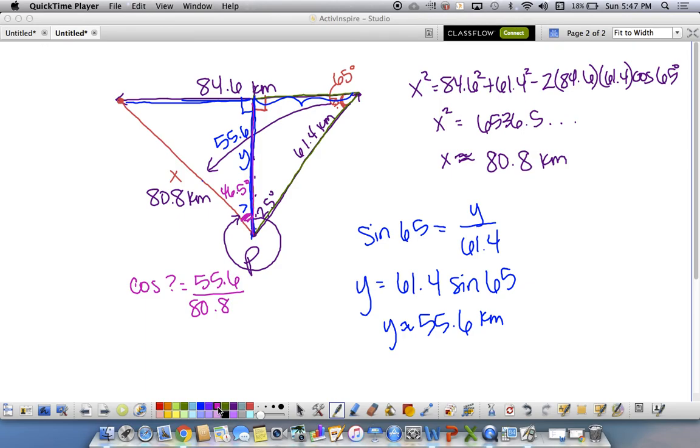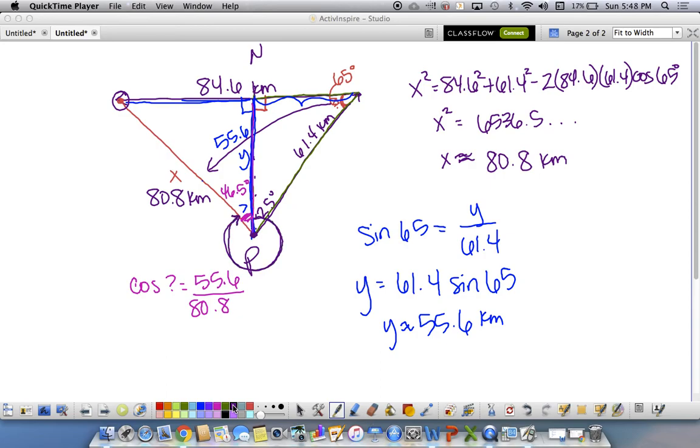So now the question is, what is the bearing that the ship is on from the port? Remember, bearings are always measured from due north. So my north is up here, and from here it goes all the way around.